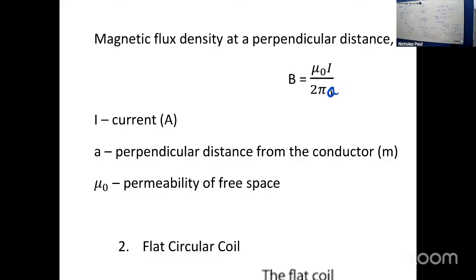Next one. So you have three different versions.